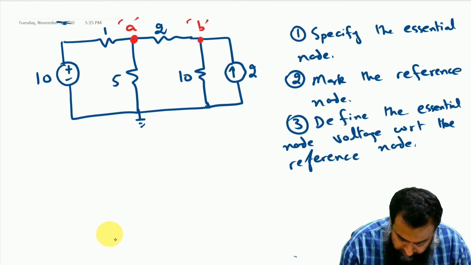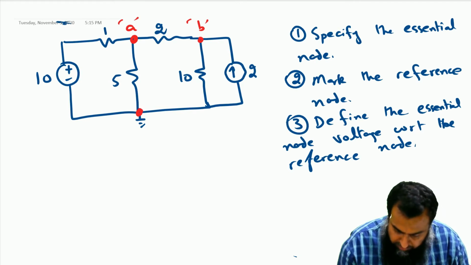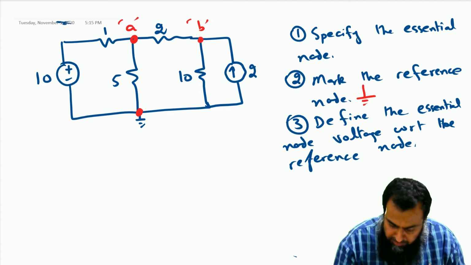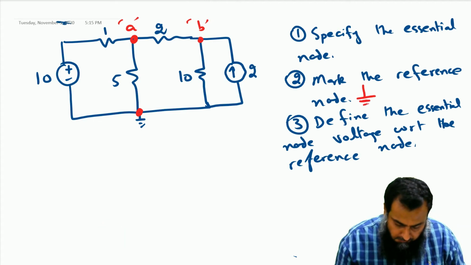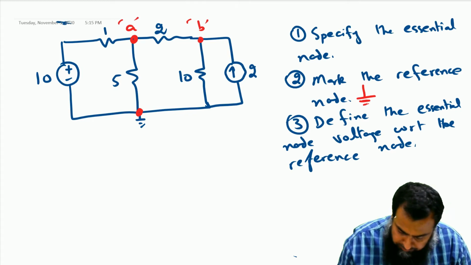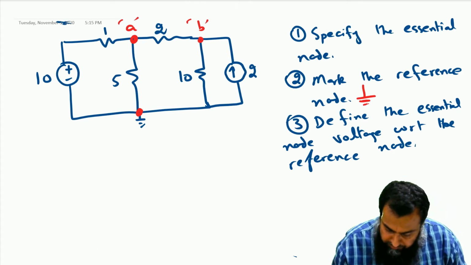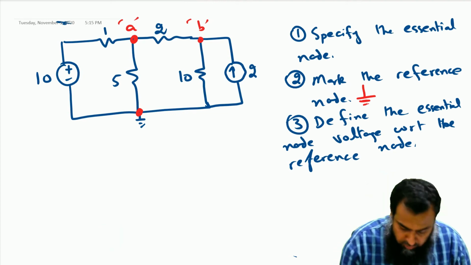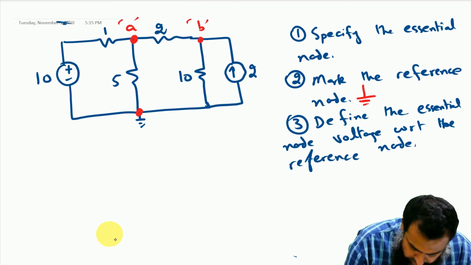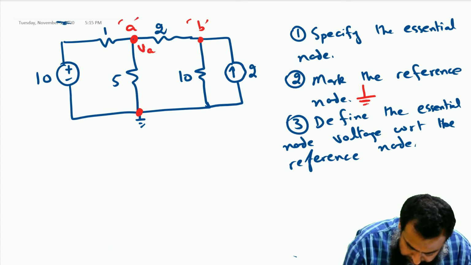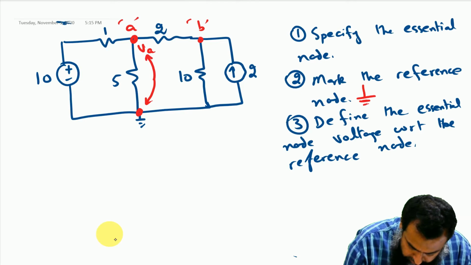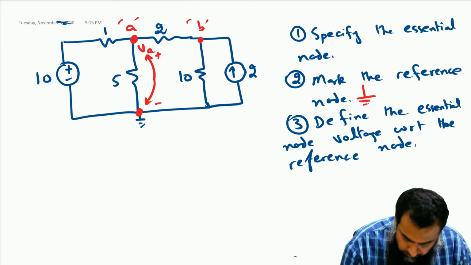We have established that this particular point is our reference node, and hence we have marked it with this ground symbol. Next, we define the essential node voltage with respect to the reference node. Let us say the voltage here is VA with respect to this particular point. This is plus, this is minus.